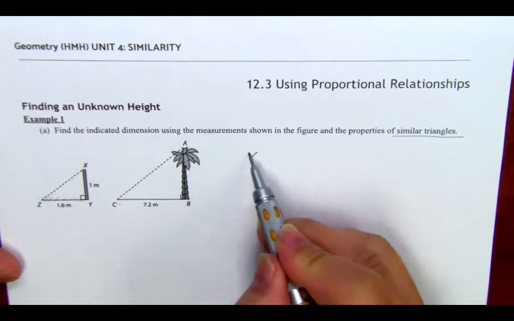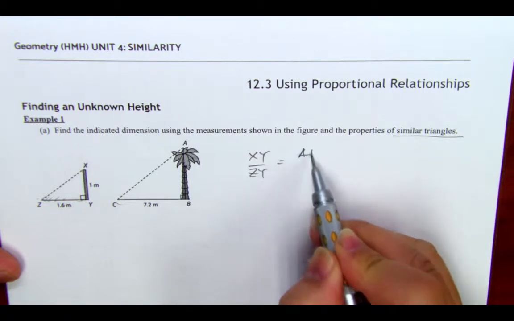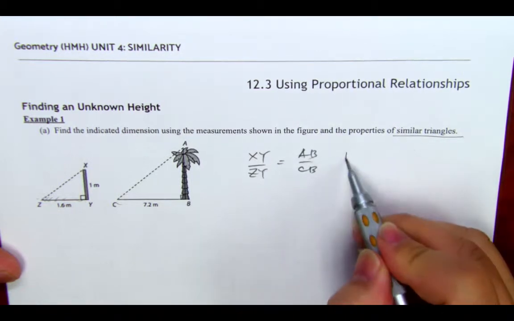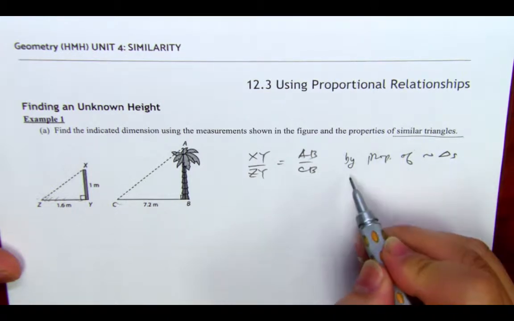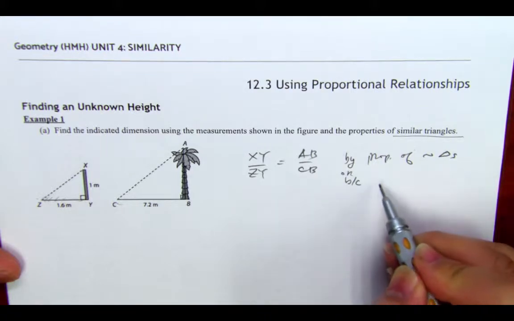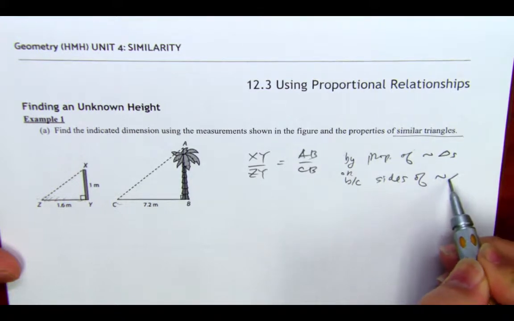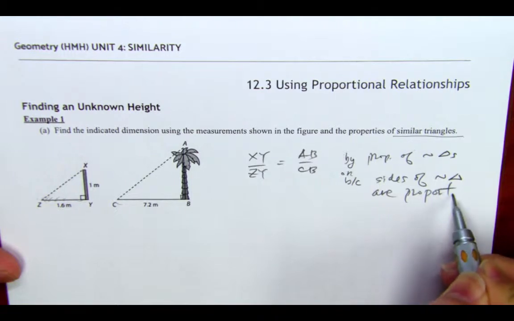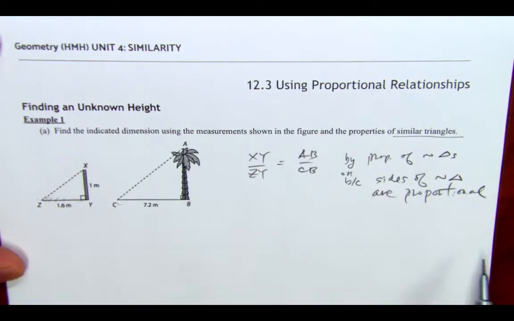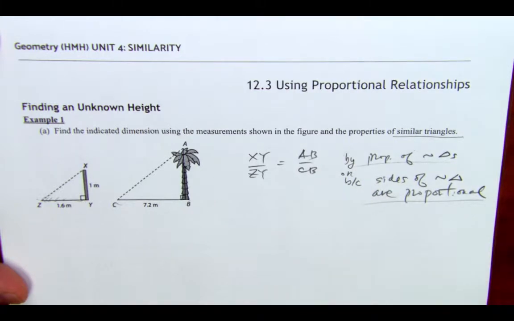So if that's the case, XY over ZY is equal to AB over CB by property of similar triangles, or simply say because sides of similar triangles are proportional. So whenever you do a math problem, it's a good idea to always justify your work.